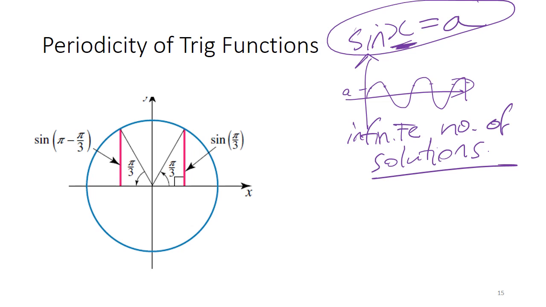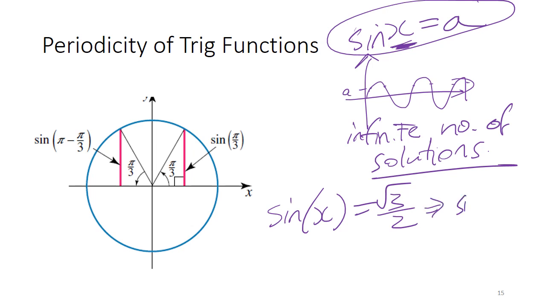So a lot of times when we ask you to solve a trig equation, it will give you a domain. Like, tell me all the solutions between 0 and 2 pi, or between 0 and 4 pi, or whatever. So you are not going to list an infinite number of answers. For example, if I give you the equation sine x equals root 3 over 2, because you guys are so diligent, you would remember sine pi over 3 equals root 3 over 2.